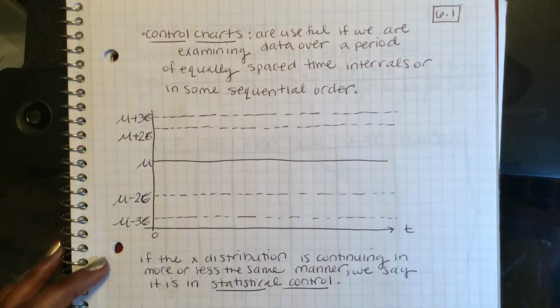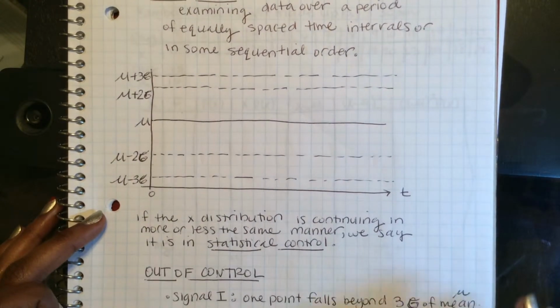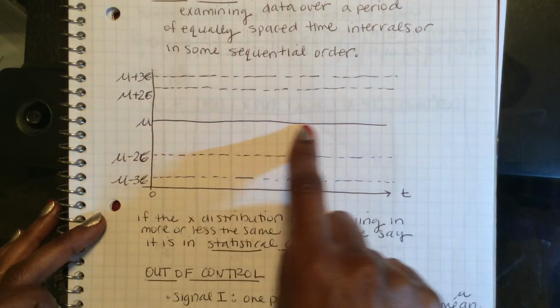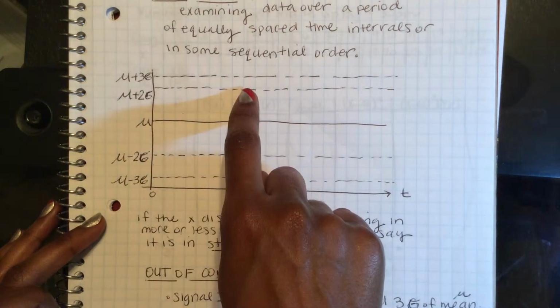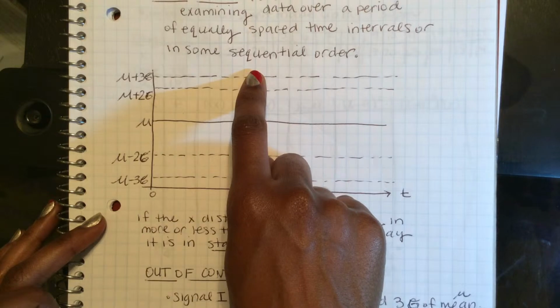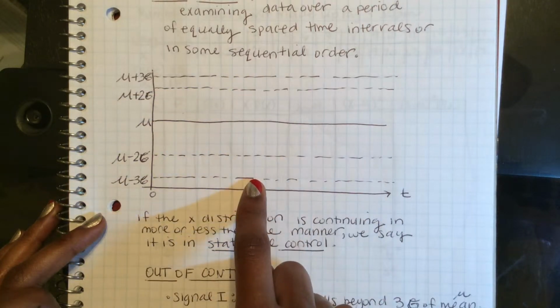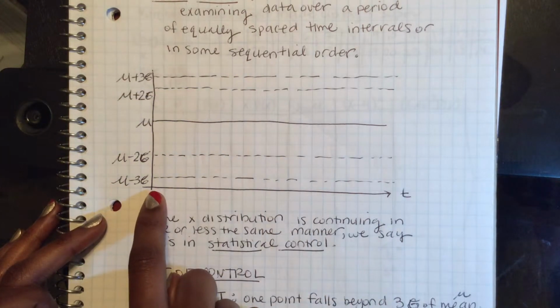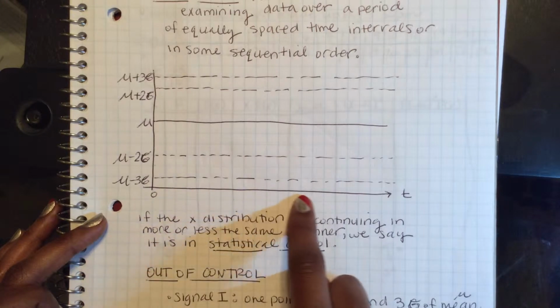So here's a sample of a control chart. You'll have your mean in the middle, and then you jump up 2 or 3 standard deviations here, or -2, -3 standard deviations here. And your x-axis is time.